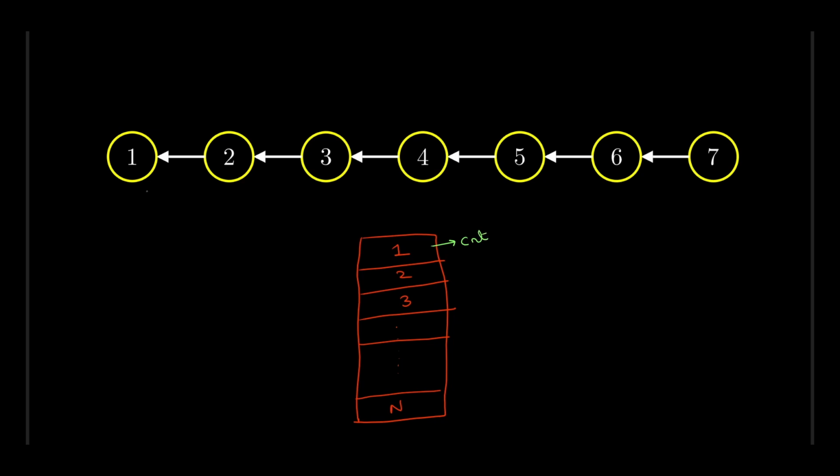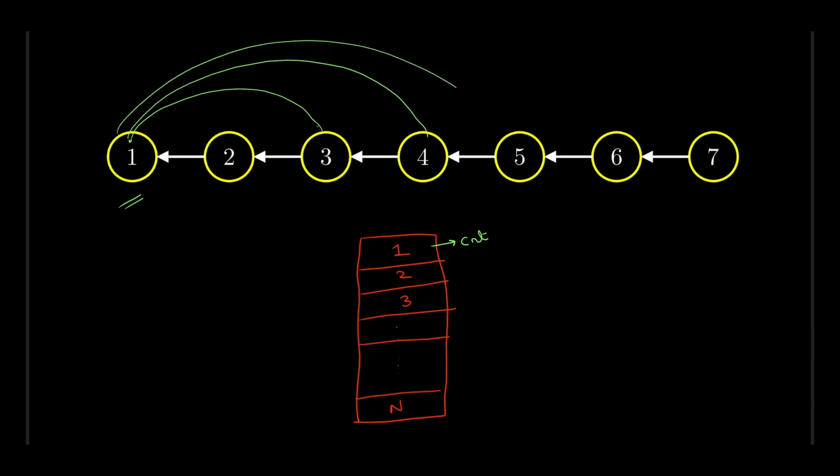So now first you will process all the edges that start at 1, and when they start at 1, some edge will lead from 1 to 3, some edge might lead from 1 to 4, some from 1 to 5, someone might lead from 1 to 6.